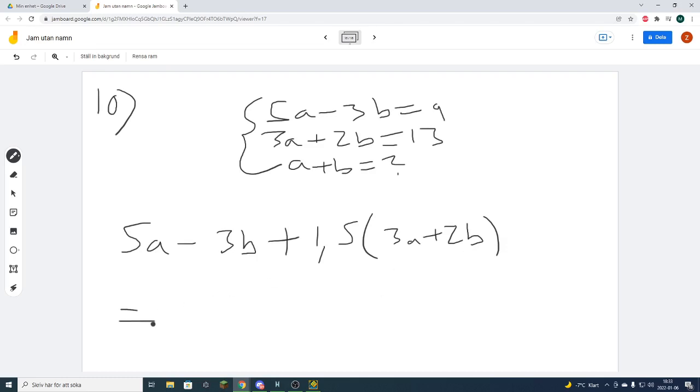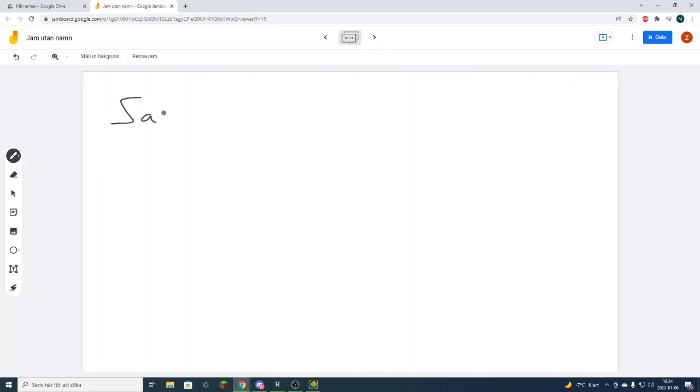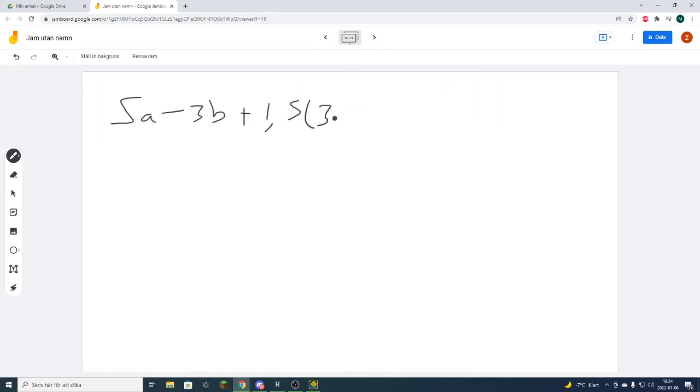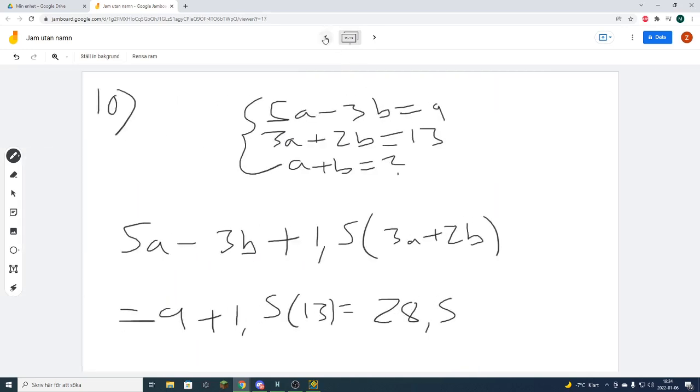So numerically this is going to end up as 9 plus 1.5 times 13, which is 19.5, and you add 9, so 28.5. And so we have 5a minus 3b plus 1.5 times 3a plus 2b is going to be equal to 28.5.